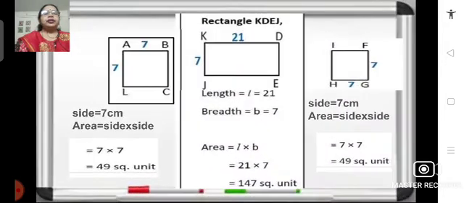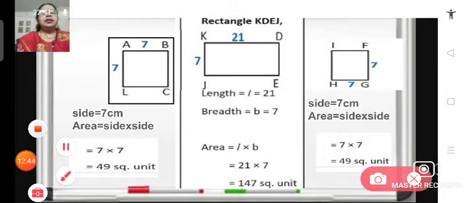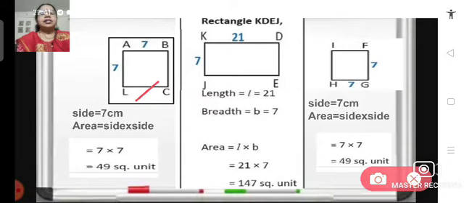Now we can find the total area of the figure. Once again, let's see the figure ABCL. In this figure, we have all the sides equal, so it is a square. The area is side multiplied by side, 49 square centimeter.